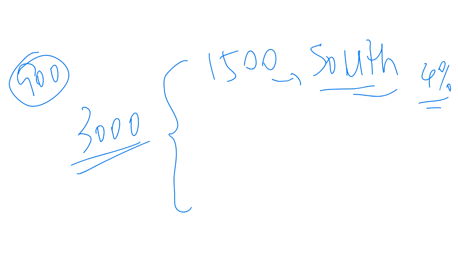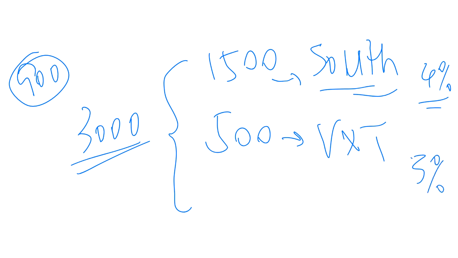I still have 1,500, still too much for them to cope, and they give 500 to the company called VXT, but they said that I need to buy back. This is called a buyback option, at 3%, so that even if it's higher, it's still profitable because now they enjoy very high.